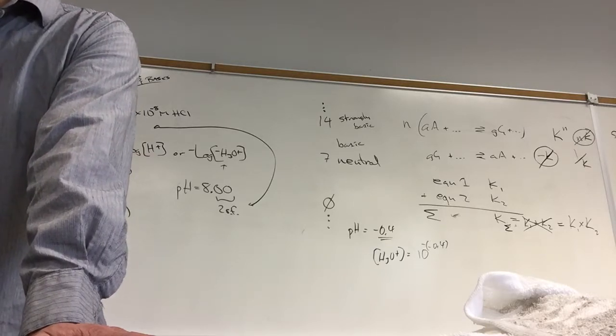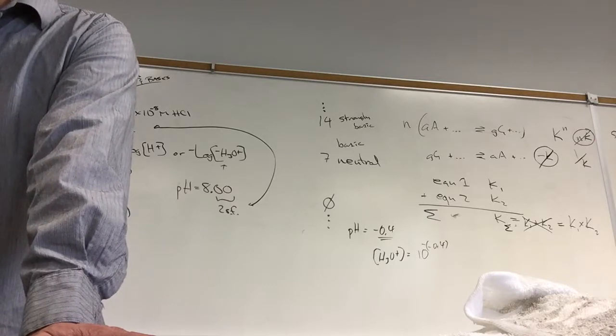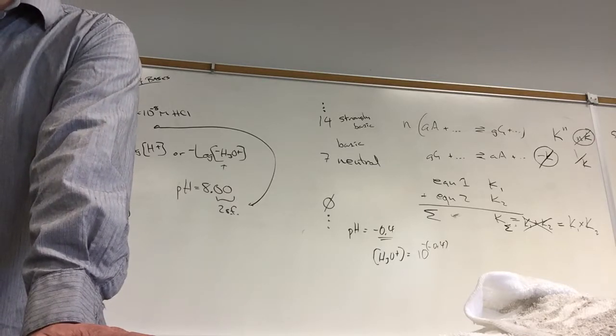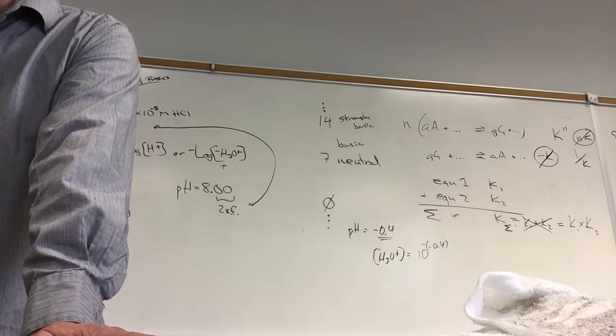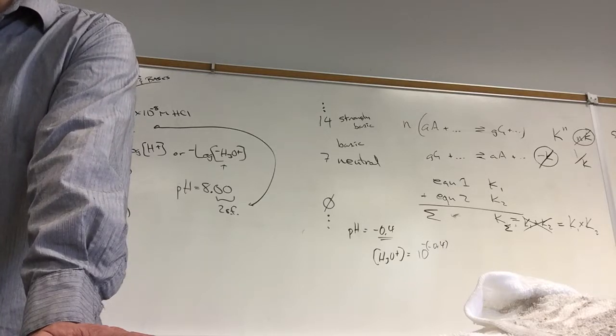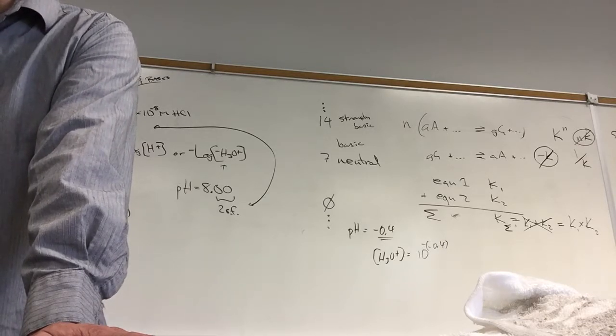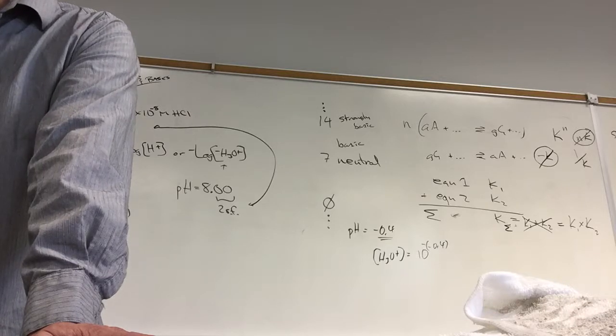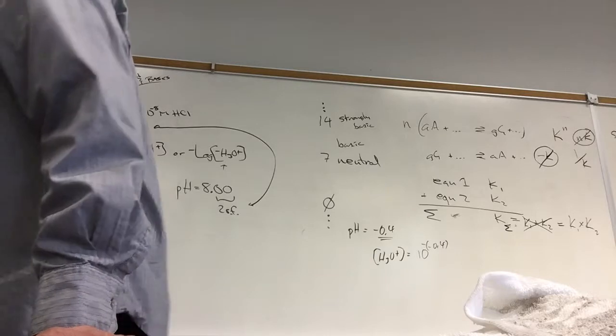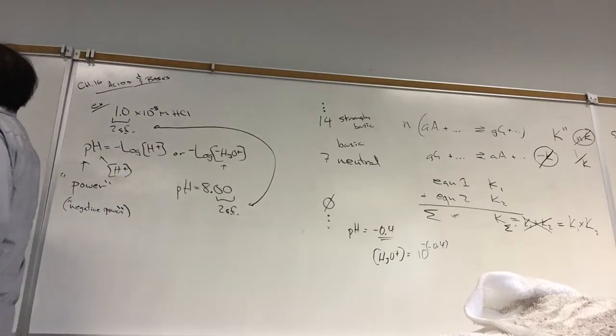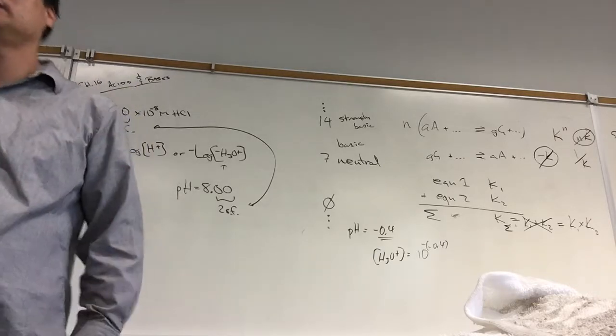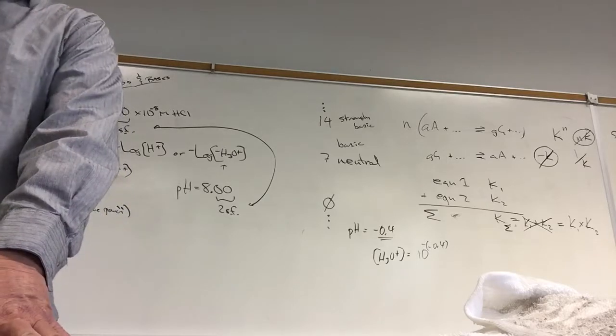Because when we start to deviate from ideal behavior, we cannot use our ideal molar concentrations. You know what we have to use instead? We have to use activities. We can't use our ideal concentrations, we have to use our activities.